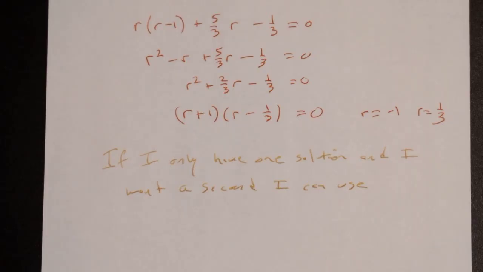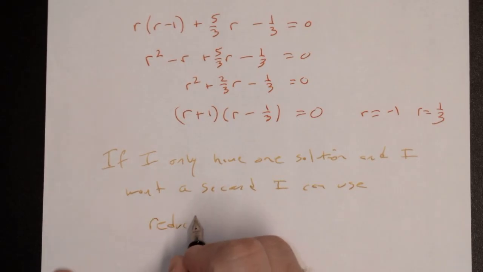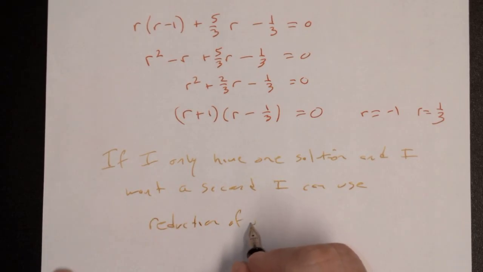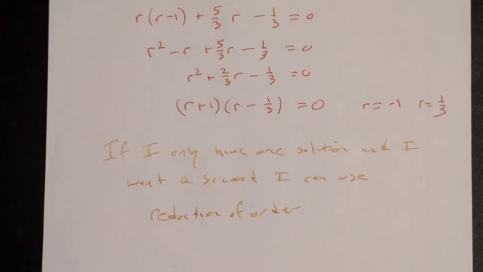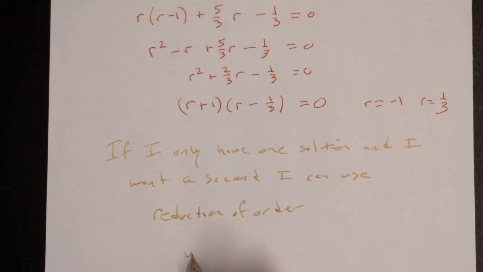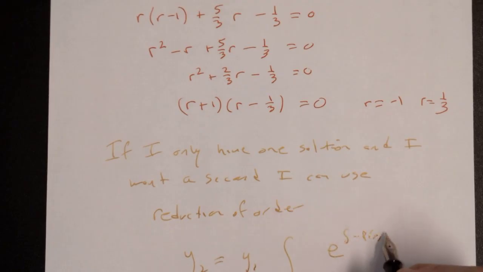Oh, son of a bitch. Wait a minute. Y2 equals Y1 times the integral of e to the integral of minus P of x dx over Y1 squared.